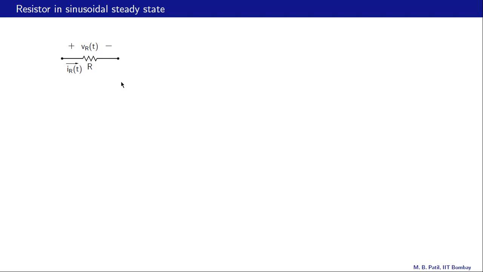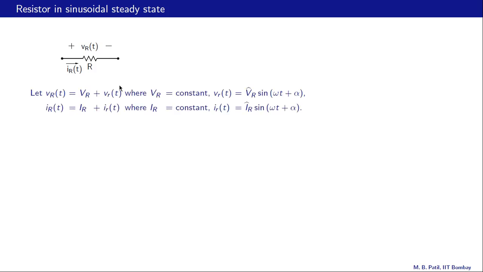What we are now going to do is to consider these components one by one and see how they behave when a combination of DC and a sinusoid is applied. So let's start with a resistor. We have VR, the voltage, equal to a constant part and a sinusoid, VR cap sine omega t plus alpha. And here is a new notation that we have introduced.